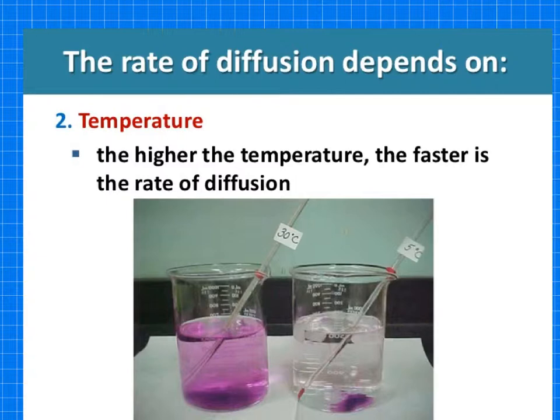So we can say that the higher the temperature, the faster the rate of diffusion. This means the particles in a gas or a solution will move around more quickly. Particles move randomly and hit each other, and when this happens diffusion takes place more rapidly as the random movement of the particles speeds up.